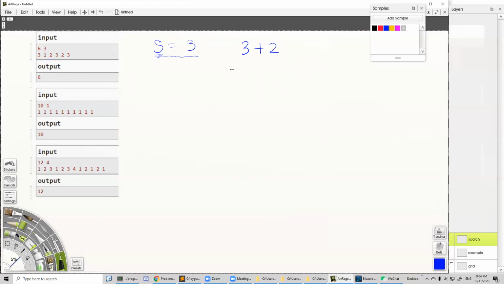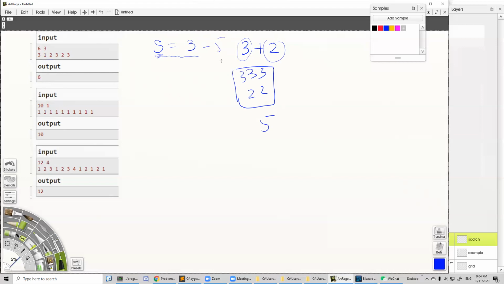Because in one bus, we can only hold 2 teams. So let's consider the worst case. We put the biggest team in the bus, and then we put the second biggest team in the bus. So that is 5 here, right?